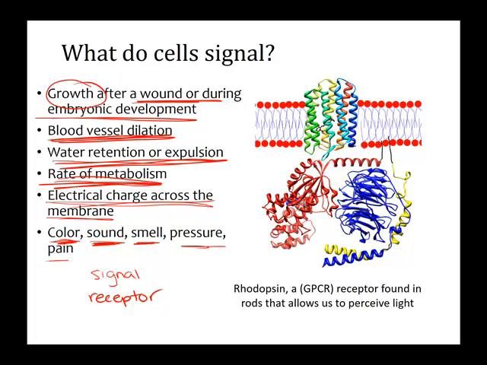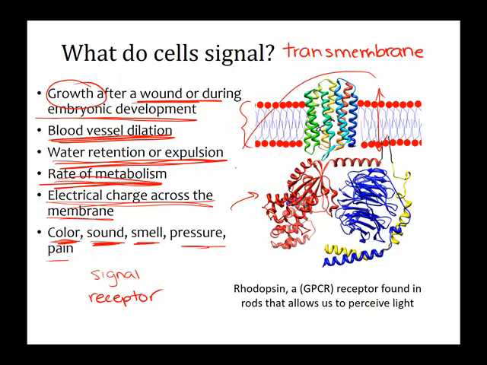And then over here is an example of a receptor. This right here is the phospholipid bilayer of the membrane. So this particular protein, if we remember our two major protein structures, is a transmembrane protein, meaning it goes all the way across the membrane from one side to the other.